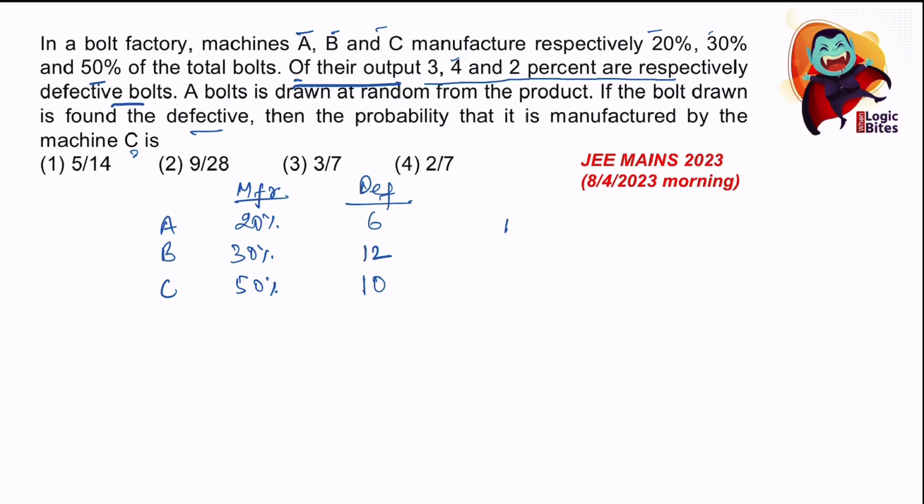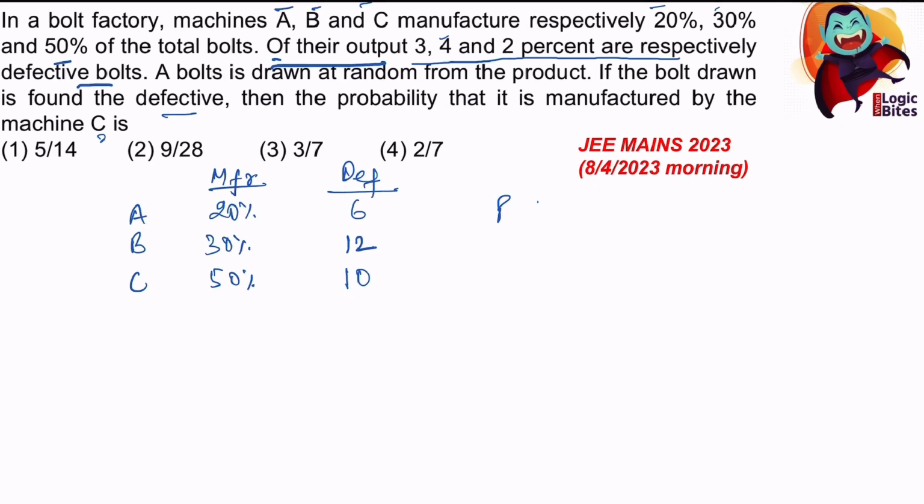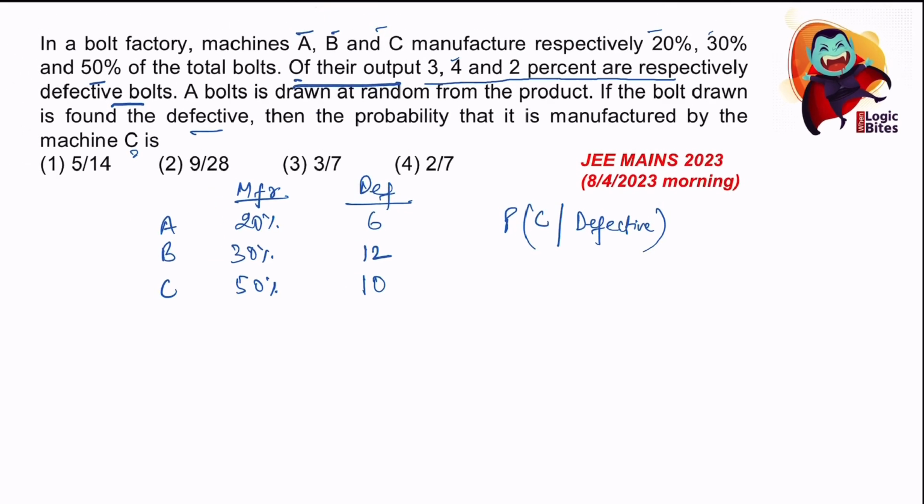So probability of getting that bolt from machine C, given that the bolt drawn was defective. I've written this in just notation form. You understand what this whole term says: given that already a bolt drawn is a defective bolt, what is the probability that it was manufactured by machine C?